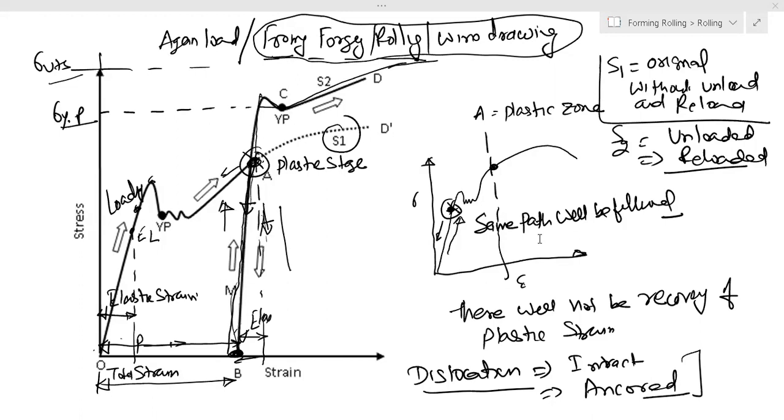So when dislocation moves, it is like a carpet analogy. You have a very big carpet, and there is a disturbance in that carpet, and it gets anchored once it is touched. So this is the reason. I will teach you in detail later, but for the time being, just understand that because of the dislocation interaction, it gets anchored, it gets trapped.